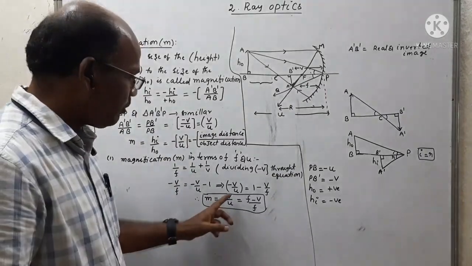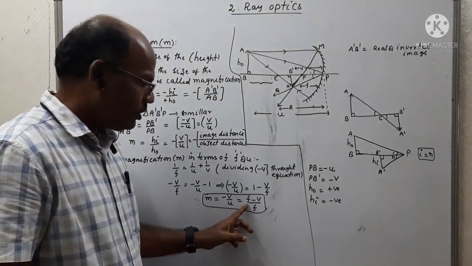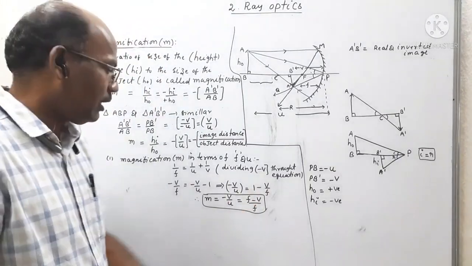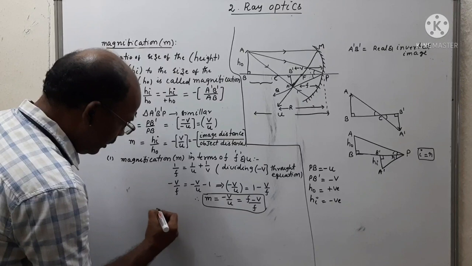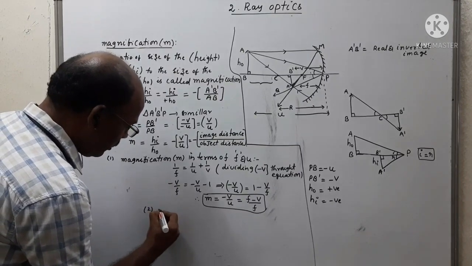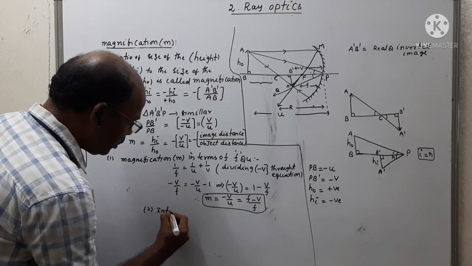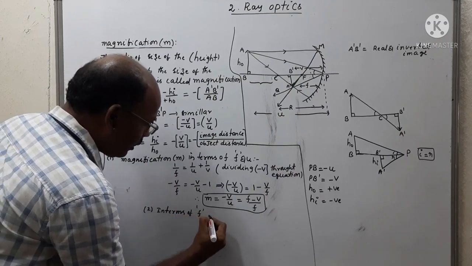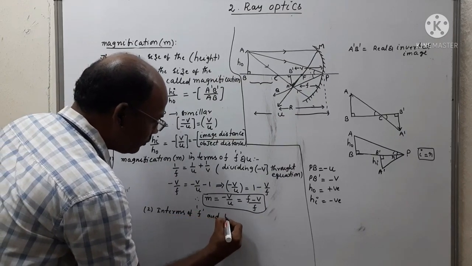So m is equal to minus v by u, that is equal to f minus v by f. And also we can write the second one in terms of f and u.